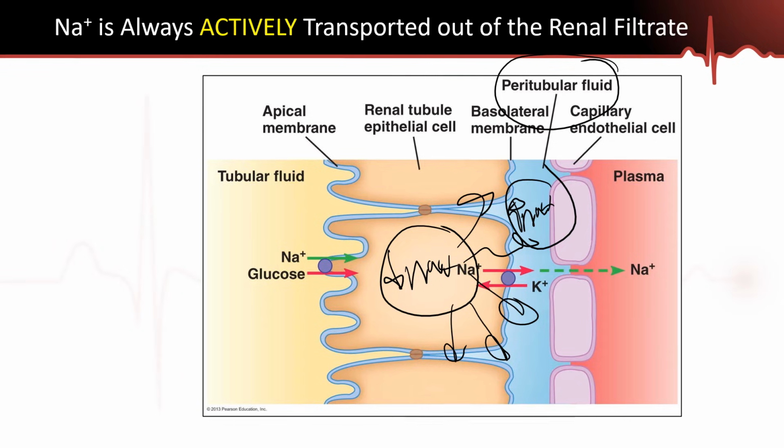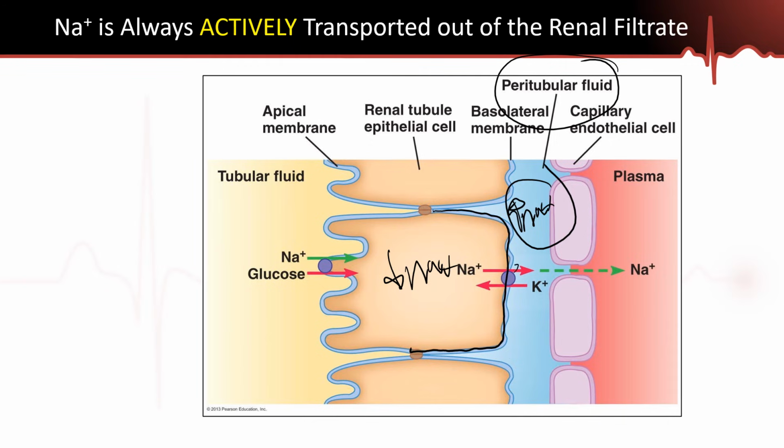So that would be against sodium's concentration gradient, and that's still not even considering the fact that we have to get sodium past the basolateral plasma membrane, which again is nonpolar, so sodium doesn't naturally go past it. So how are we going to be able to accomplish this? Well, we're going to need to utilize, if you remember this, active transport.